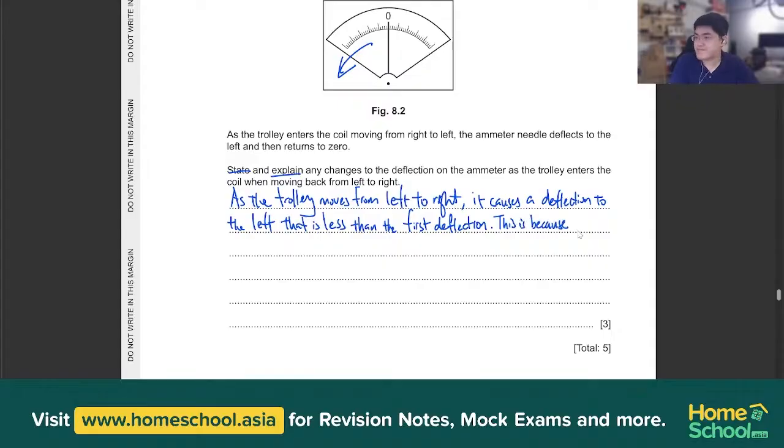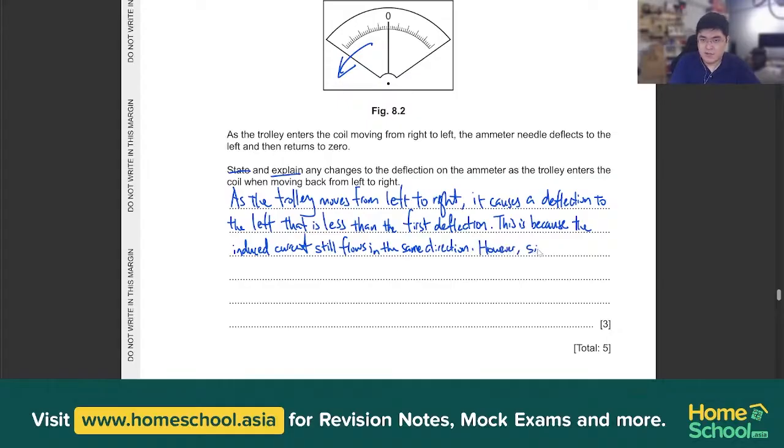This is because the induced current still flows in the same direction. Okay, that's the first part done. And now we need to explain why it deflects less than the first one. Okay.